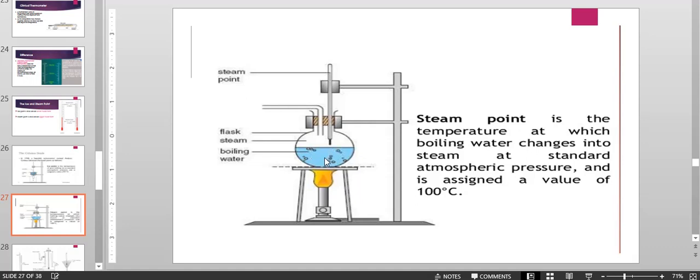After heating the vessel, after some time, he observed the point at which the water starts to convert into steam and starts to leave this flask with the help of this capillary tube. When he noticed the reading on the thermometer, it was indicating 100 degrees Celsius. So by this he came to know that 100 degrees Celsius is basically the steam point, or the upper fixed point of the water.